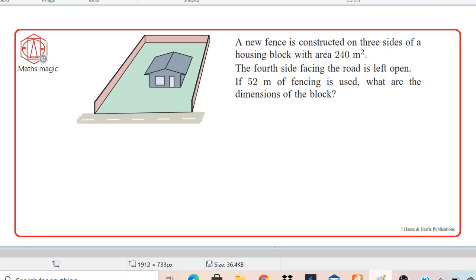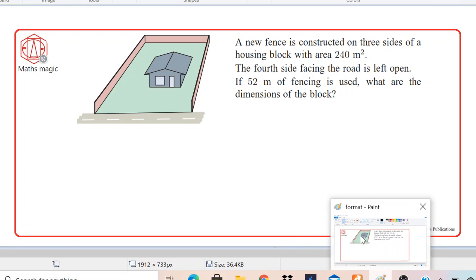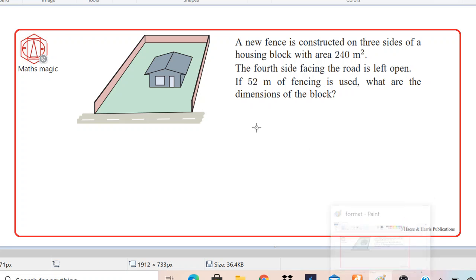So we have a house block which is fenced from 3 sides and one side is open. We have to assume that the dimensions of this block are, let's say, length L and width B. Now we have to use this information to construct the equation.